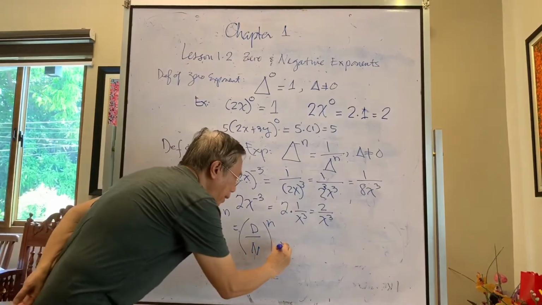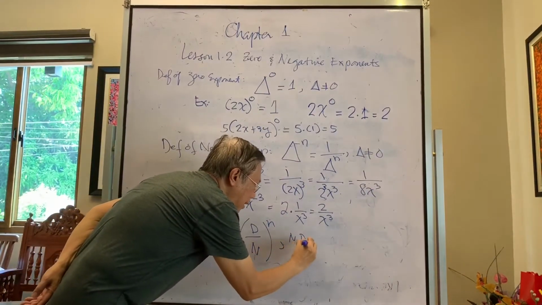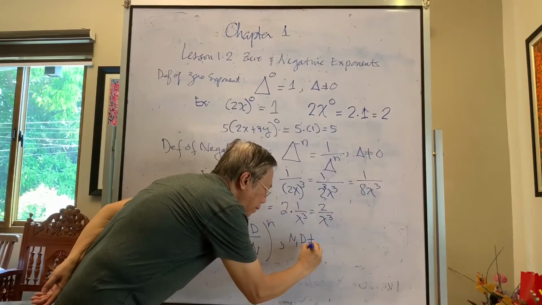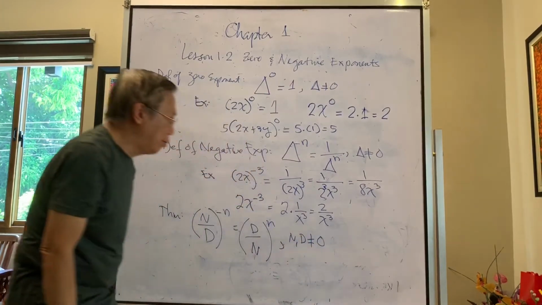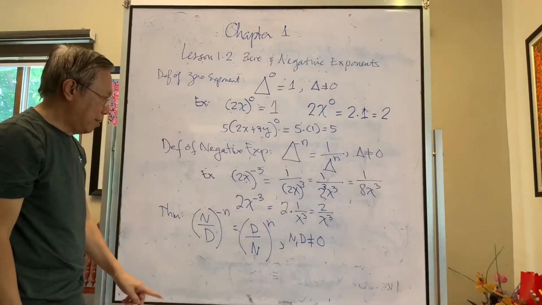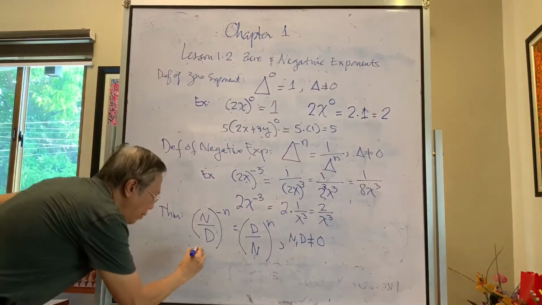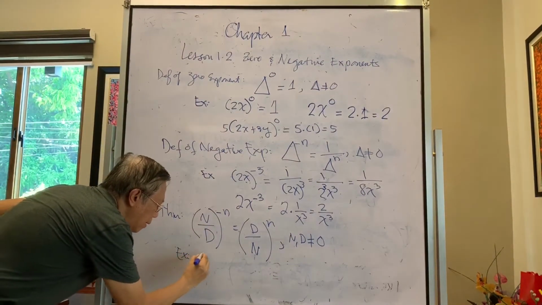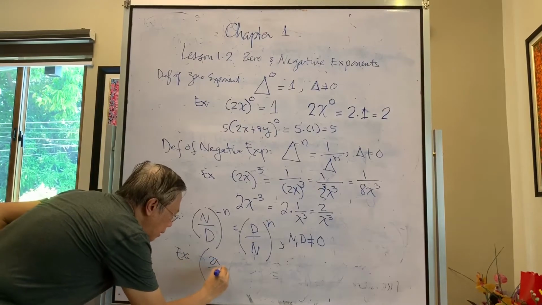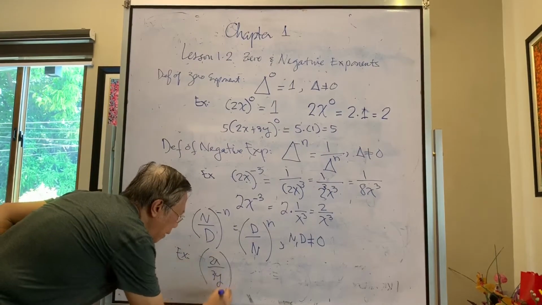Again, n and d, the algebraic expressions for numerator and the denominator, should not be equal to 0. Okay, in this instance, let's say, if we have here, example, let's say (2x over 3y) raised to the negative 5.